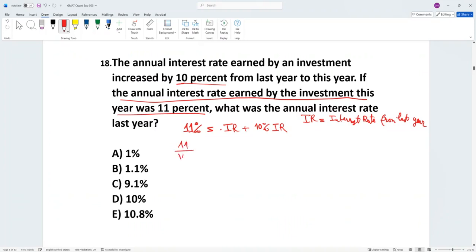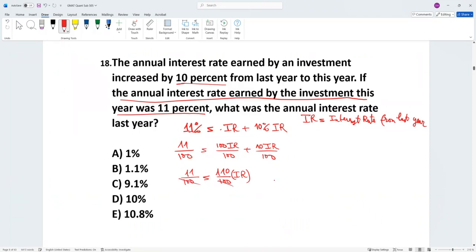So if we write it like this, it's equal to 100 IR over 100 plus 10 IR over 100. Yeah, so basically this gives us 11 over 100 is equal to 110 over 100 IR.